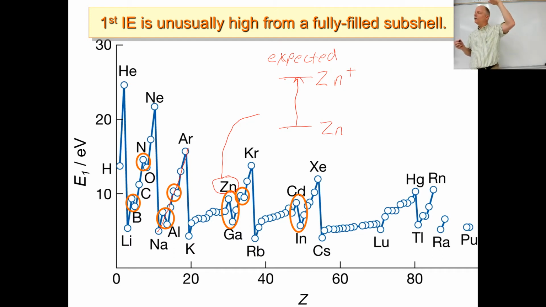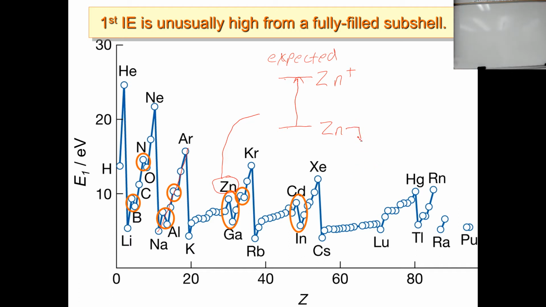It's got a higher energy. Moving the neutral down would mean that the neutral atom is more stable, because if it's lower in energy, it's more stable. Okay, so what we're saying when we say that fully filled subshells are more stable is essentially moving that neutral energy level down.